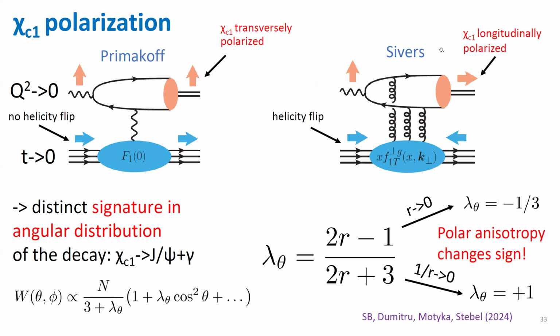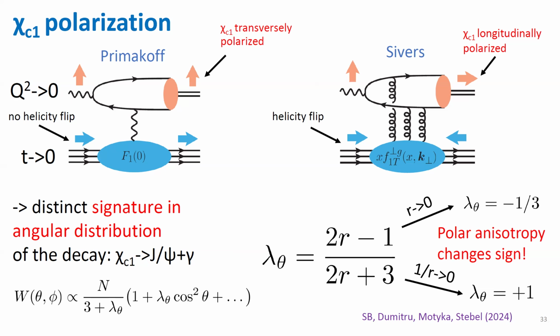On the other hand, in the Sivers case, the proton flips the helicity, and this absorbs the transverse polarization of the incoming photon, and the outgoing chi-C1 comes out longitudinally polarized. So in the case of Primakoff, it's transversely polarized; in the case of Sivers, it's longitudinally polarized. You can appreciate that this can leave a signature in the angular distribution of the decay products of chi-C1. So you put yourself in the rest frame of chi-C1 and look at the angular distribution of the decay.